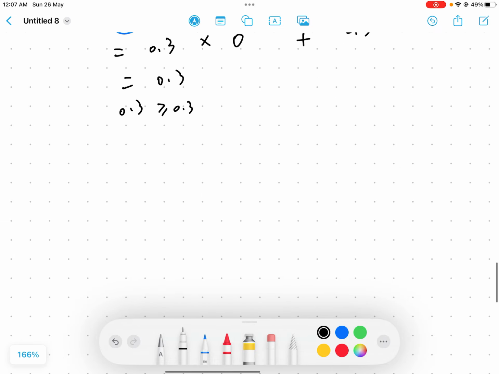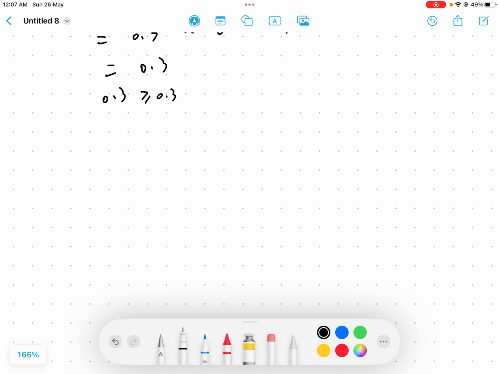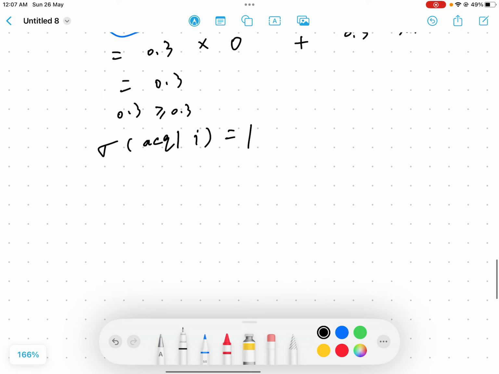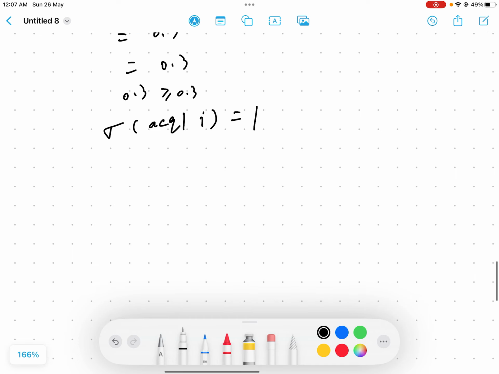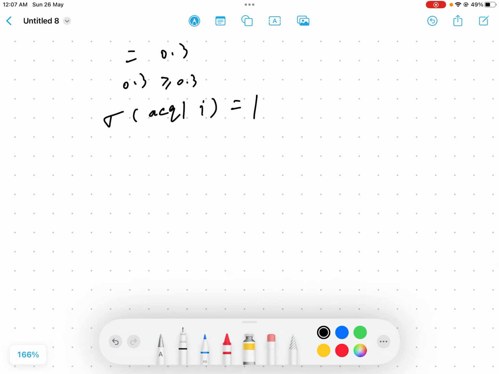Let's check the other strategy, which has a positive probability. It is just the sigma of acquit given small i. That's 1 as well, and that's positive. So we only need to check the positive terms, because the other terms are 0, so we don't need to care about those.